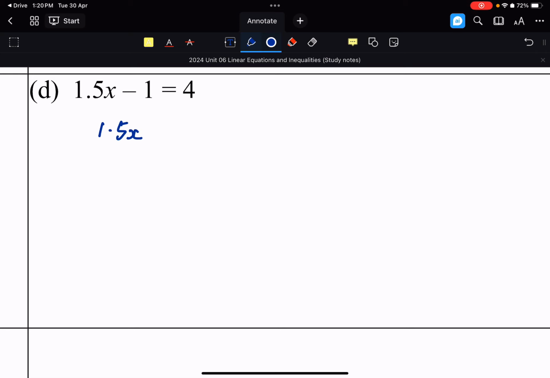I'm going to add 1 to the left hand side and add 1 to the right hand side. So this is the situation. And then we have 5 divided by 1.5, and that will give me the value of 3 1/3. We are allowed to use a calculator here to check our solution.